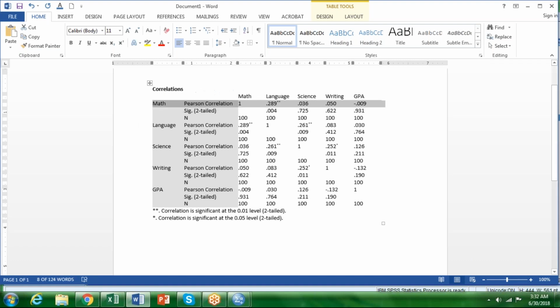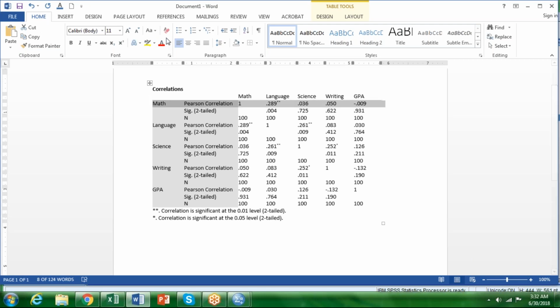You can take out where it says significant two-tailed. You can take out the number of students, and you can create a much more compact table. You can put a line at the top and a line at the bottom and turn it into APA format. And you still have your levels of significance for your correlations.